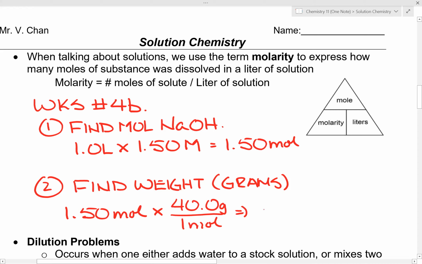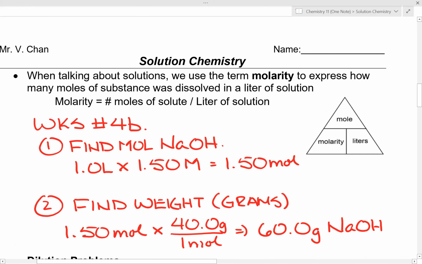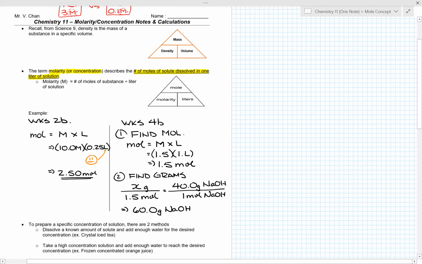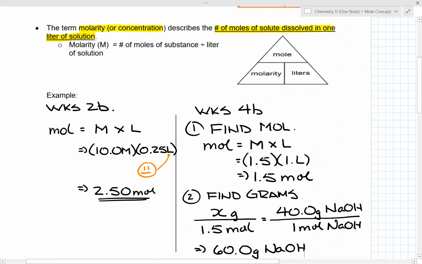And then I get an answer of 60.0 grams of NaOH. Now, I'm going through this a little bit quickly because this should be reviewed from back in moles. And if you don't believe me, go back to your mole concept and remember we did molarity, which was a very similar type of question. I actually did the same one.